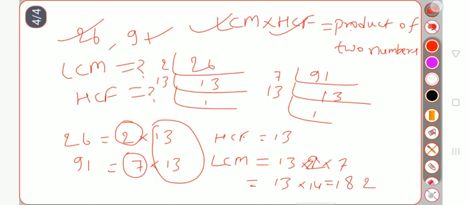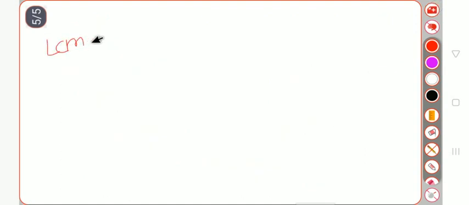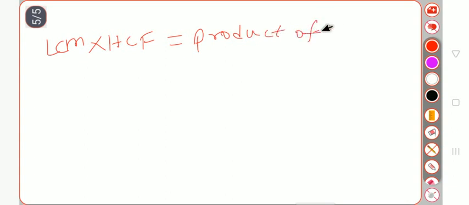So we have to verify LCM into HCF equal to the product of numbers. So what is LCM? LCM we got 182 and HCF we got 13. Now what is the product?